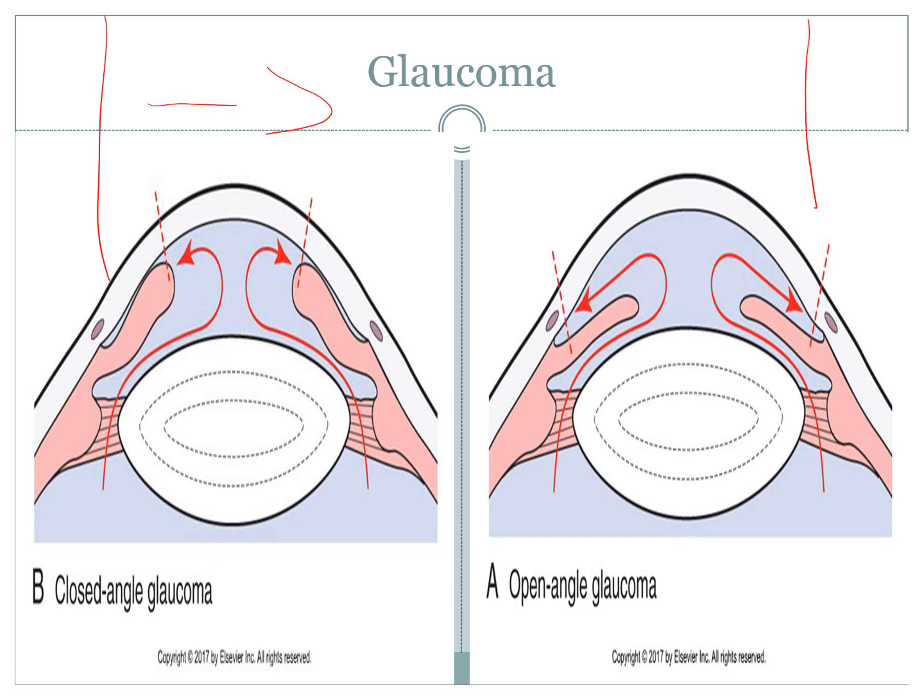So what causes it, the pathophysiology simply put, is a disturbance in the circulation and drainage of the aqueous humour. Normally speaking, the aqueous humour is secreted by the ciliary bodies, and they're found in the posterior chamber at the back of the eye.